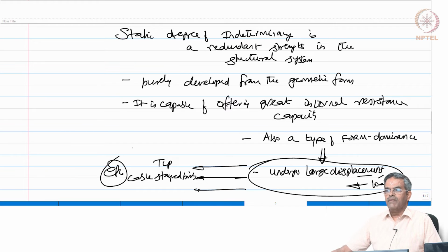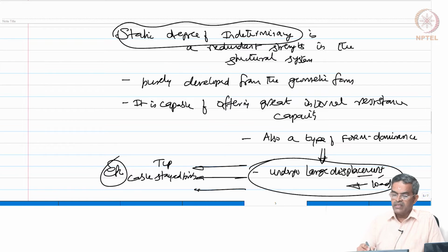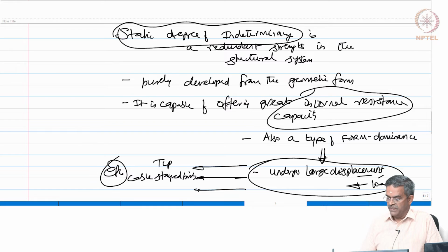Okay. Coming back to that, we understood that the static degree of indeterminacy is capable of offering a good internal resistance capacity. Okay.